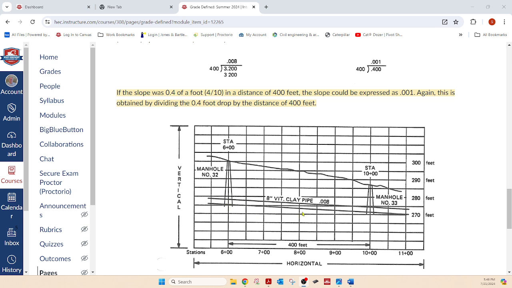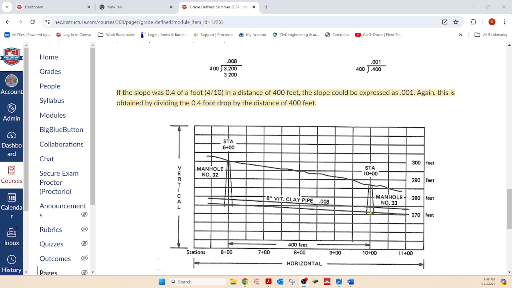And the flow line over here, can we follow the pipe down, is at what is that? It's not 270, but it's 270 point something, isn't it?